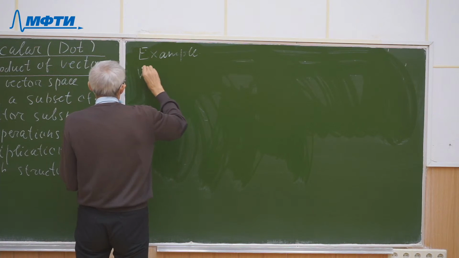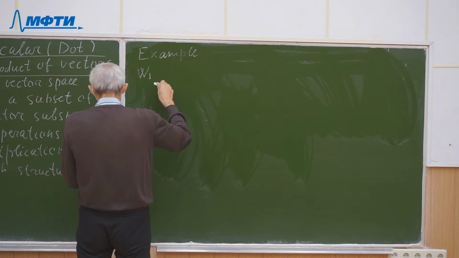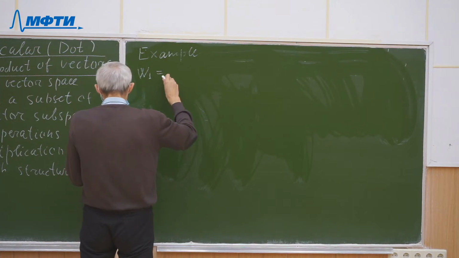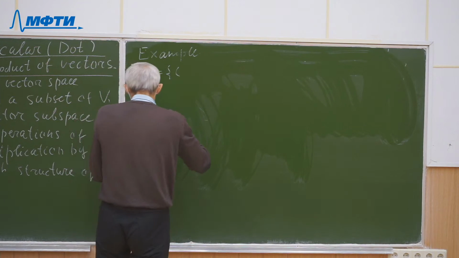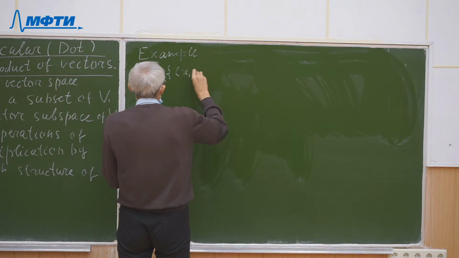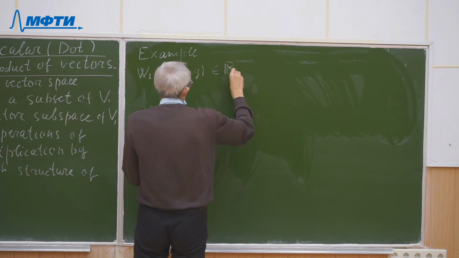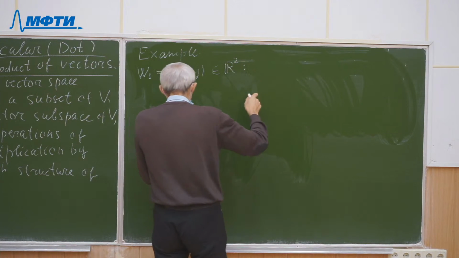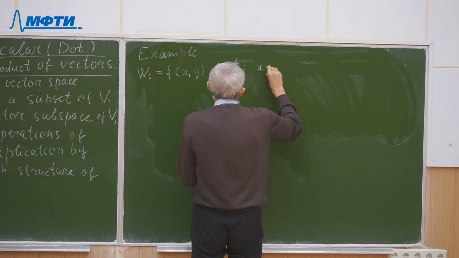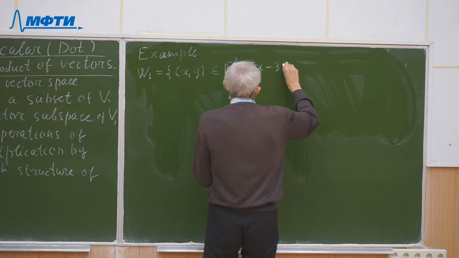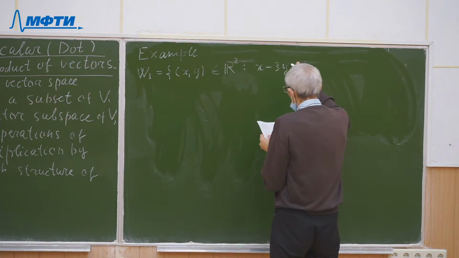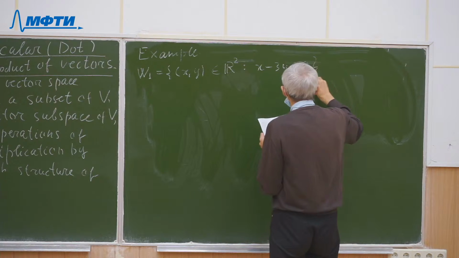Let W1 be the subset of R2 such that x minus 3y is equal to 0.